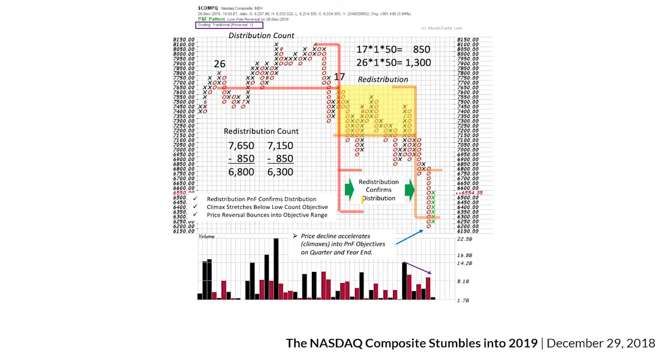So these counts took us right down to the area that the comp stopped at the end of the year. And so you can see here that this larger count confirmed the redistribution count, and we went literally 2 entries below and turned right back up, and that was the end of the decline.